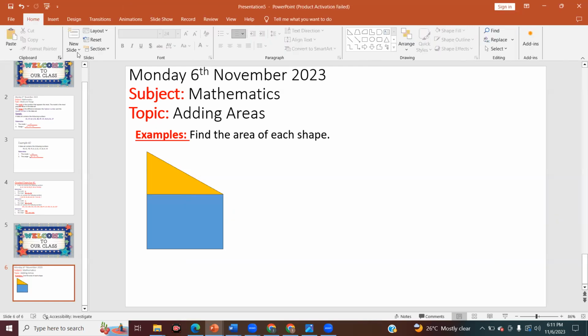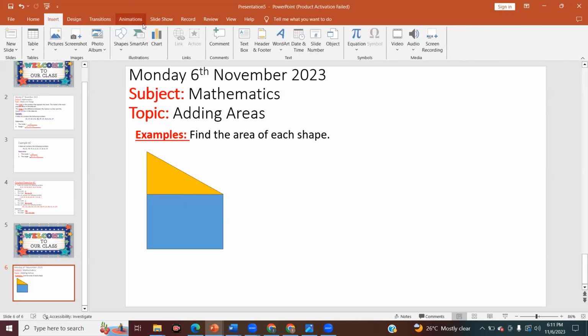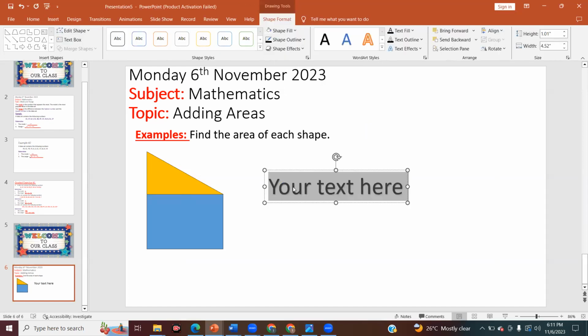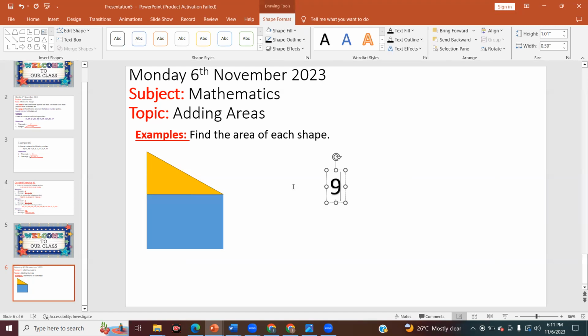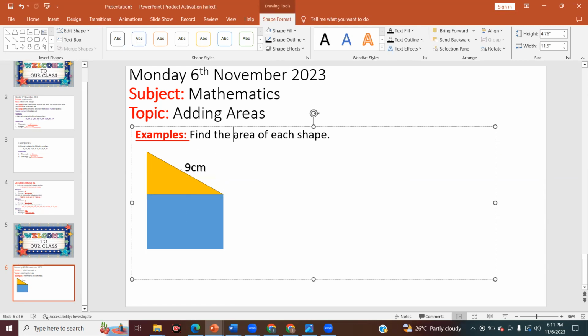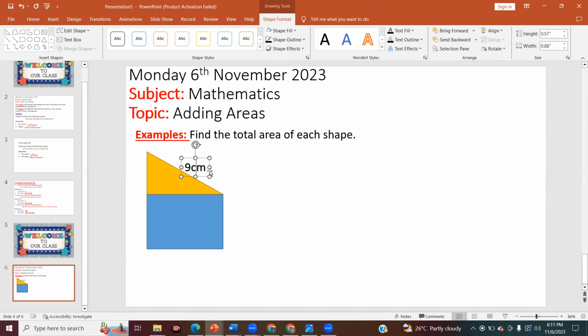So remember, we have defined the area of this shape, right? So let's say that this side is 9 centimeters. I should say find the total area of each shape.